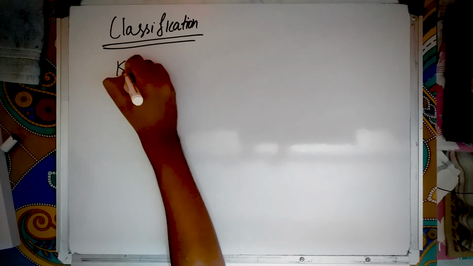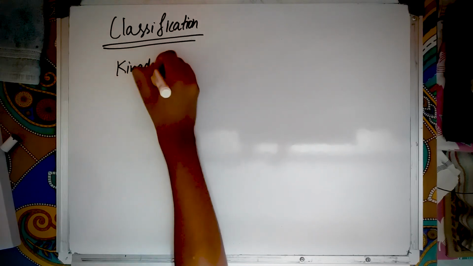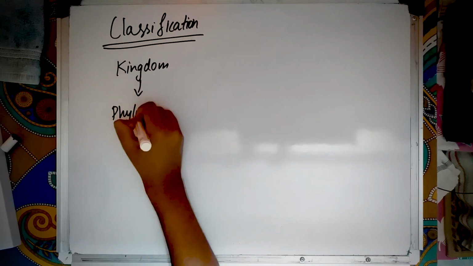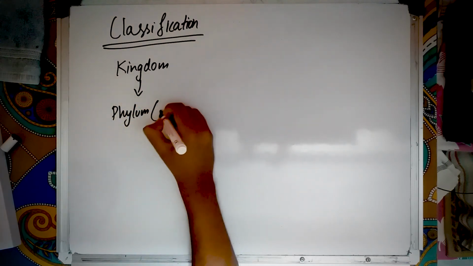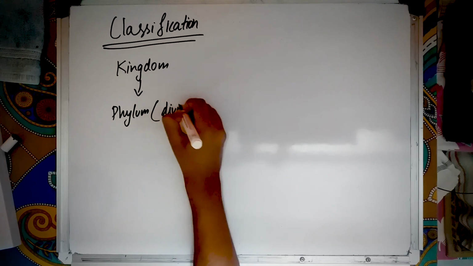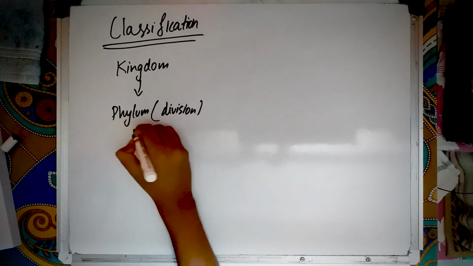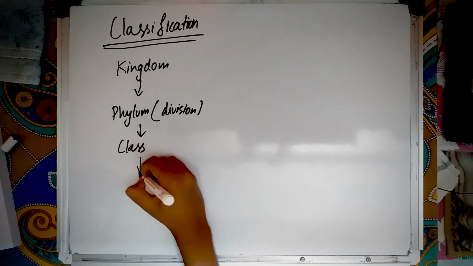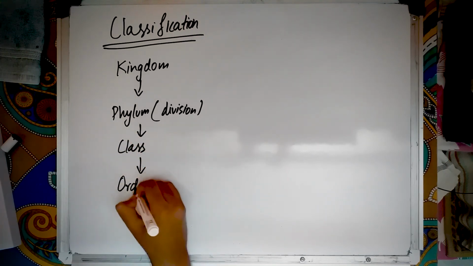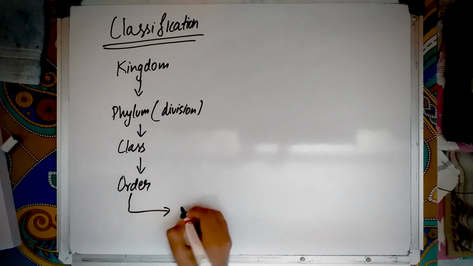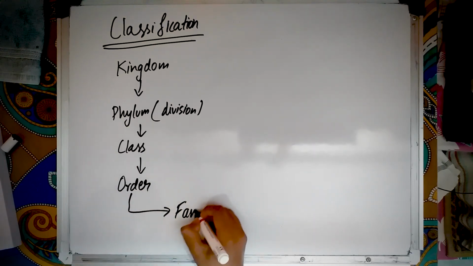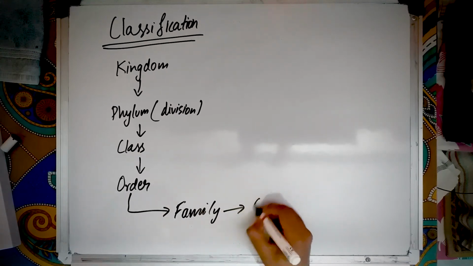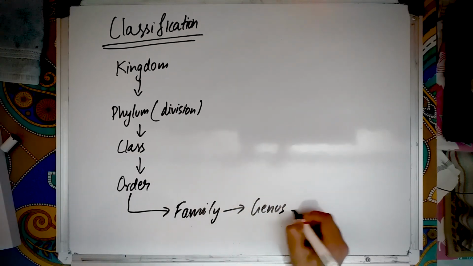First comes the kingdom, and then phylum, or if it's a plant, it's called division, and then class, order, family, genus, and species.